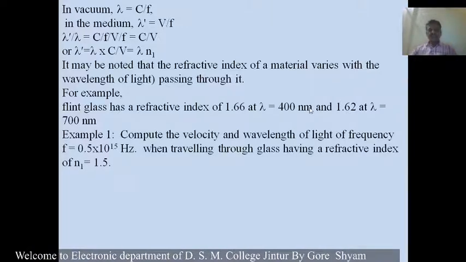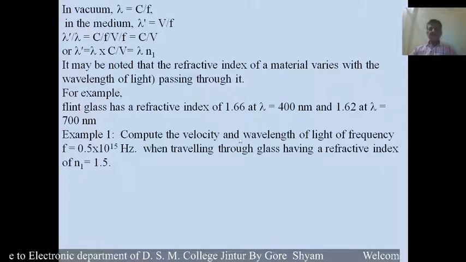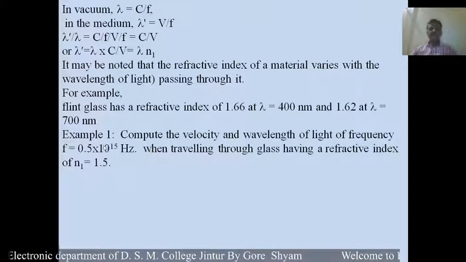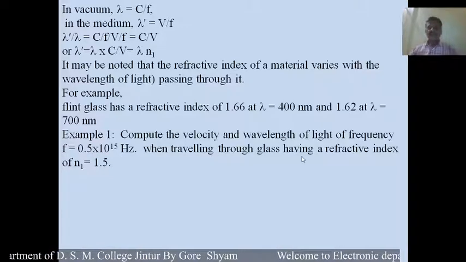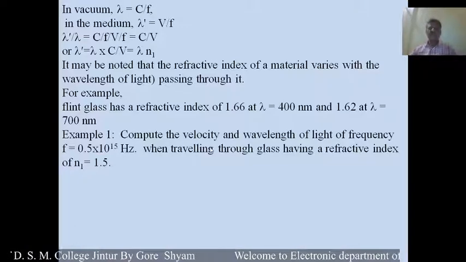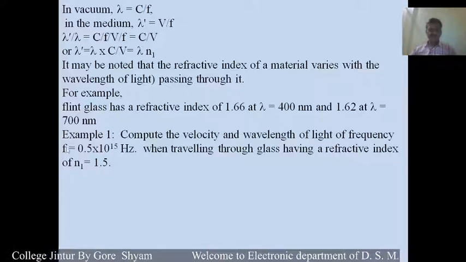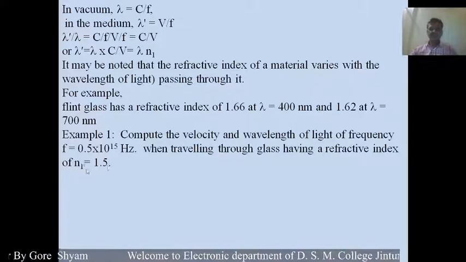Here let us see one example: compute the velocity and wavelength of light of frequency f equal to 0.5 × 10^15 hertz when traveling through glass having a refractive index of n1. Here we have to calculate the velocity and wavelength of light. The frequency is given, and the refractive index is also given.